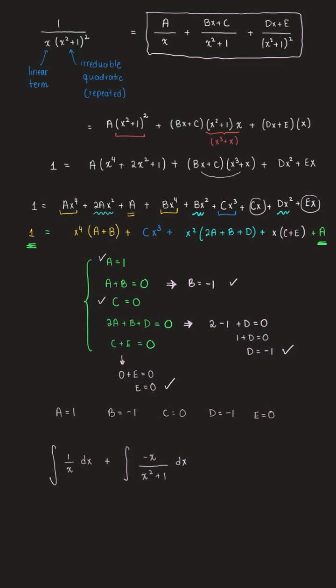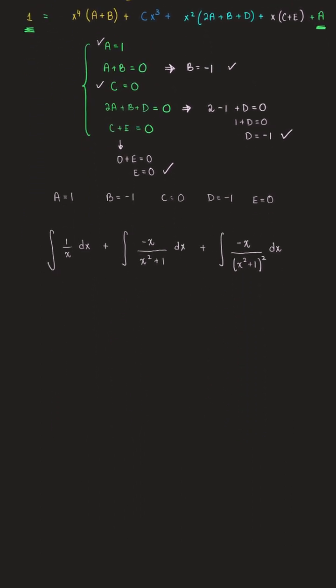And our third one will be integral of dx plus e, and d is -1, so -x over x squared plus 1 squared dx. And now we're going to use our techniques of integration to solve the problem. All right, the first one's easy. That's a natural log. Let's talk about the second one and the third one.